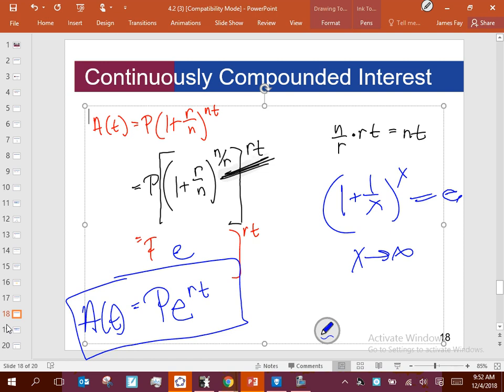If I have a bacteria that's growing at a particular rate, bacteria doesn't wait for one month, at that one month interval, to just double its size, right? It's continuously growing. Does that make sense? Okay.